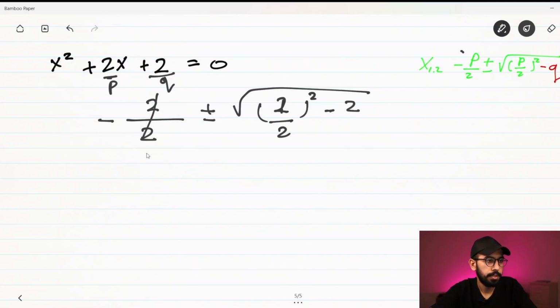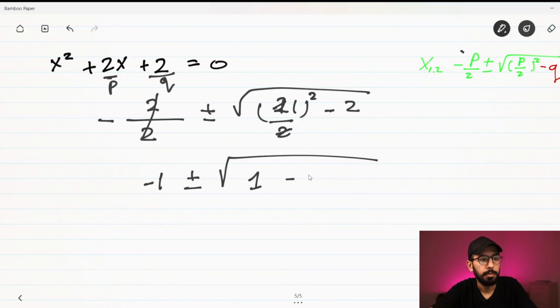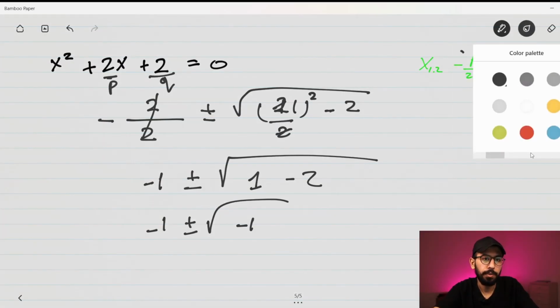The 2 over 2 is 1, and 1 to the power of 2 is 1, minus 2, so we have minus 1 under the root: minus 1, plus or minus the root of minus 1. In mathematics we don't have a root of minus 1.